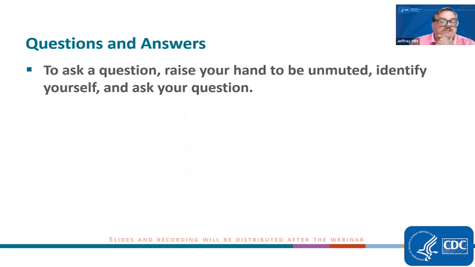This question is from an anonymous attendee, which we really like you to identify yourselves, but did I understand correctly that 25% of funds can now be used for clinical services instead of previously 10%? So let me unpack that a little bit, because previously the DIS workforce supplement funds were not allowed to be spent on clinical services. There was a 10% cap on diagnostics and a 3% cap on medications.